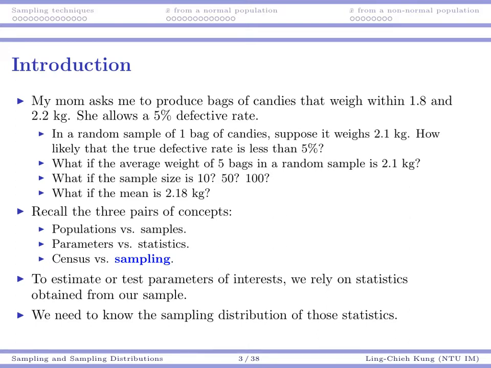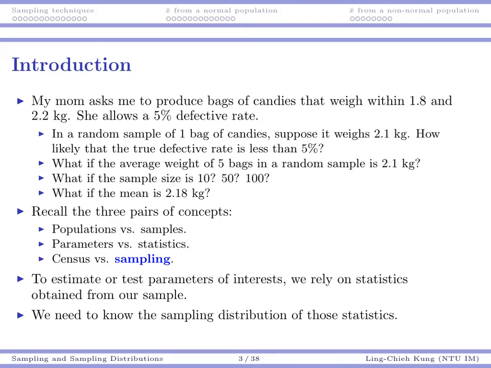Obviously, this is not a very good idea because there's no strong evidence that the outcome of one bag can be related to the defective rate. How about this? If my mom draws 5 bags and sees 2.1 kilograms, does that relate to the defective rate?